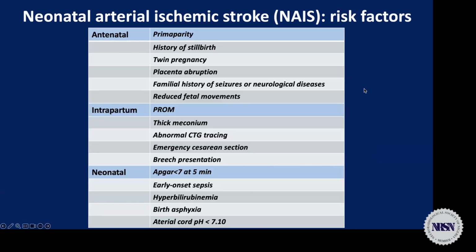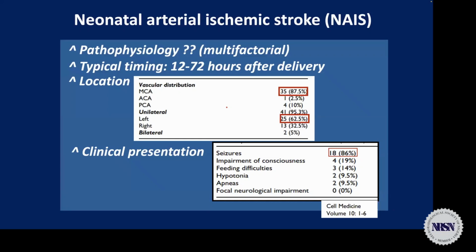which has a lot of risk factors. We have a lot of risk factors for arterial ischemic stroke, and the pathophysiology is for sure multifactorial. But what is interesting is that the location is, as you can see here, for something like 90% in the middle cerebral artery, and also 62% in the left territory.